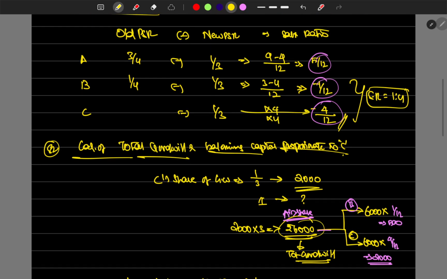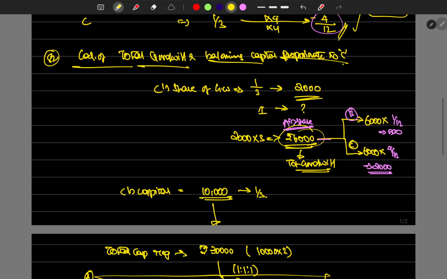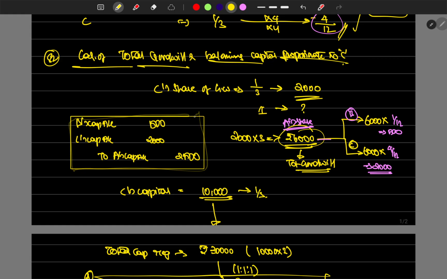I'll put the journal entry also for you. B's capital account, how much has B paid? 500. C's capital account, how much has C paid? 2,000. How much has been received by A, which is 2,500, right? So this is the journal entry.